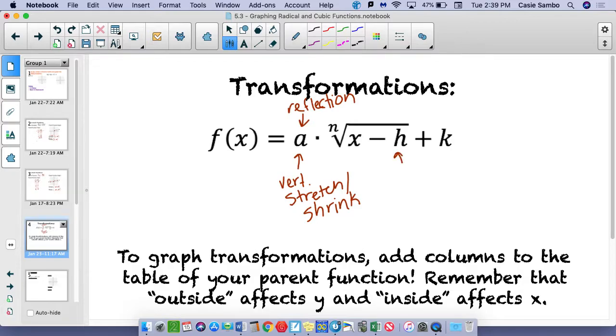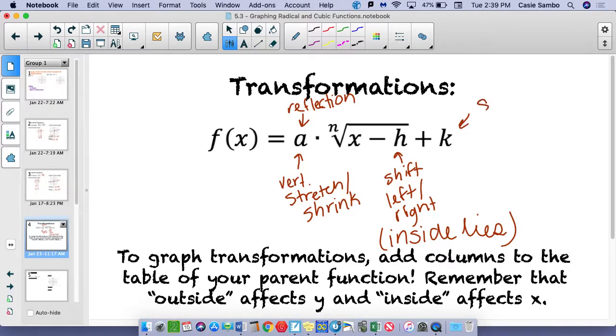That h is going to shift left or right, and it's inside, so remember that the inside lies, and that k gives us a vertical shift up or down.